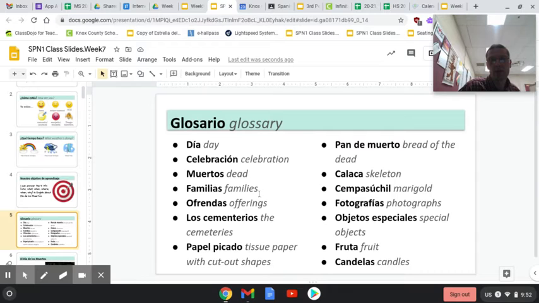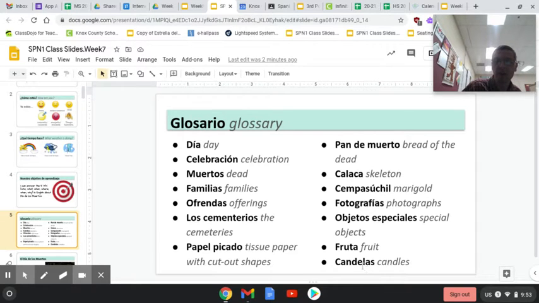So today we're going to be working with dia, which means day, celebración, which means celebration, muertos means dead, familias are families, ofrendas are offerings, los cementerios, the cemeteries, papel picado is tissue paper with cutout shapes, pan de muerto is bread of the dead, calaca is skeleton, cempasúchil is marigold, fotografías are photographs, objetos especiales are special objects, or objects special.